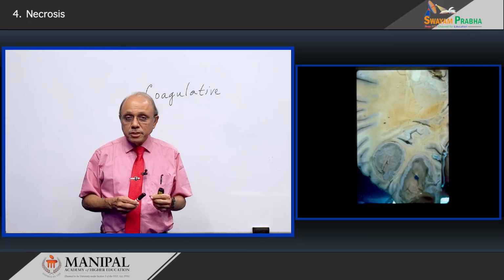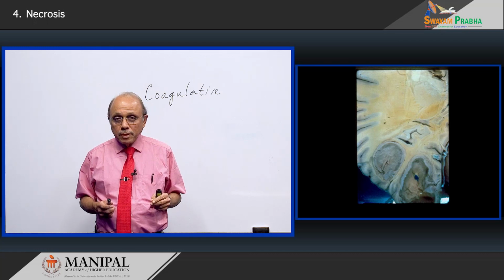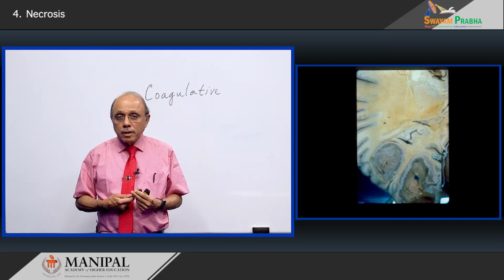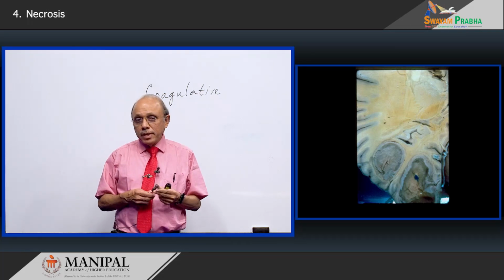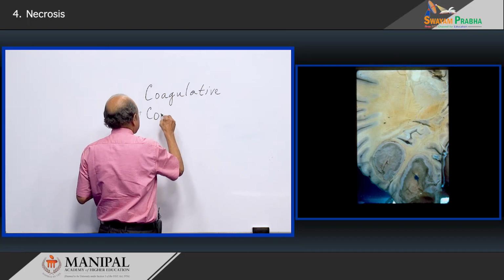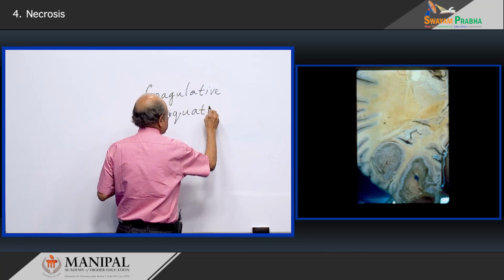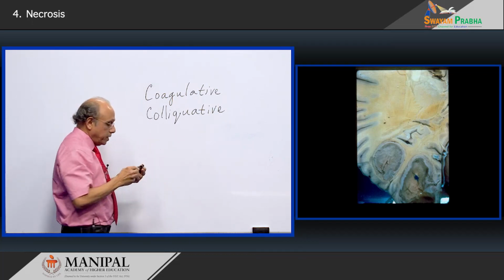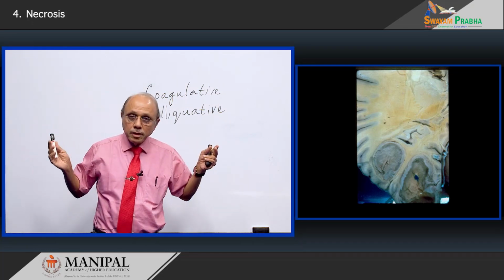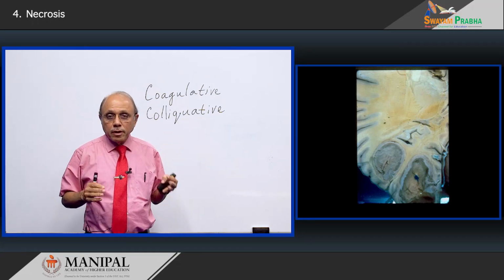The second condition which we looked at was brain with an abscess. In the brain, when necrosis happens, it's always liquefactive, meaning the tissue dissolves. The second type of necrosis is liquefactive necrosis.